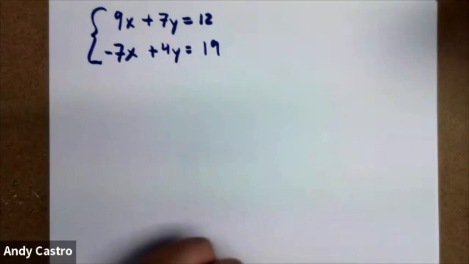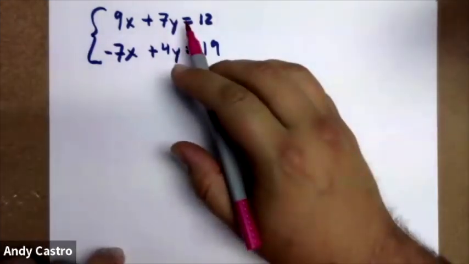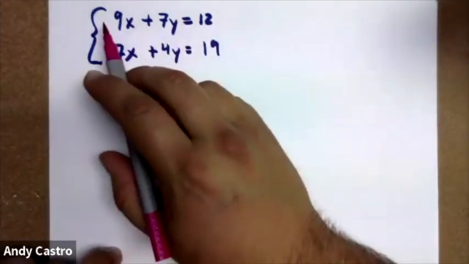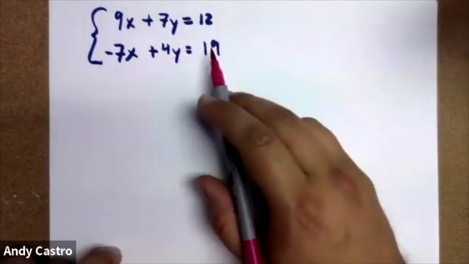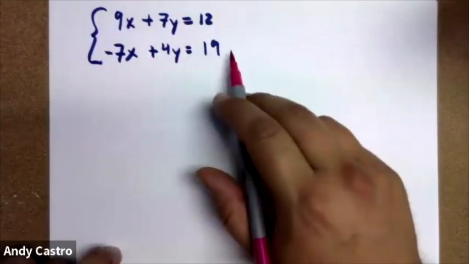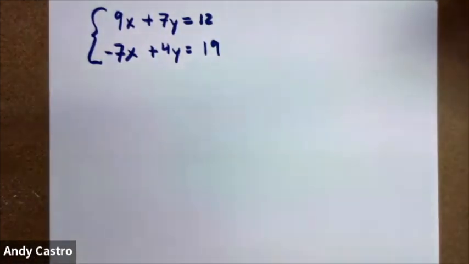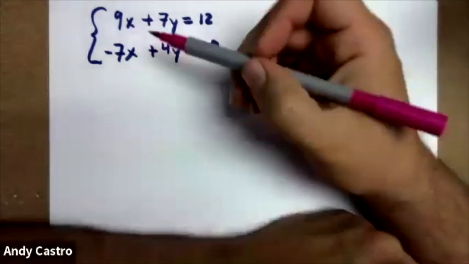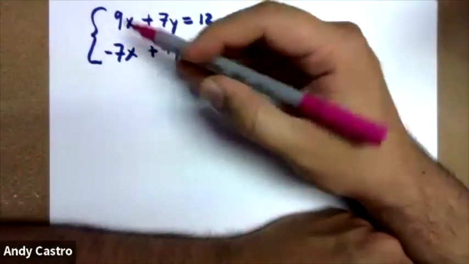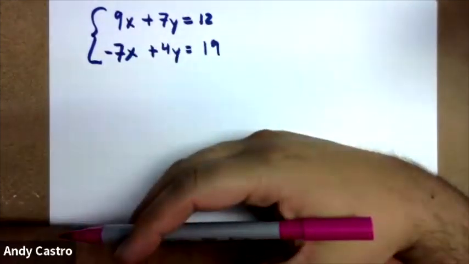But another thing that we can do is multiply a number on the first equation and a different number in the second equation. As long as we're multiplying both sides of the equation, we're not really changing anything. But we can then express it in such a way that we do have some opposites here that can cancel.